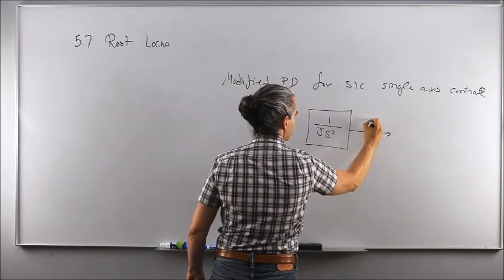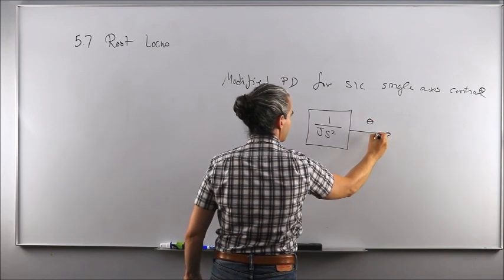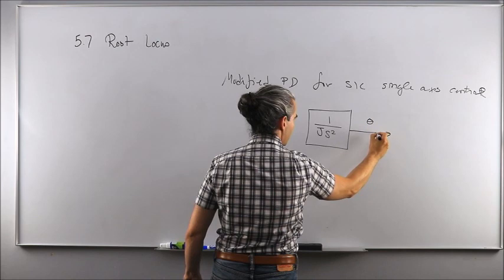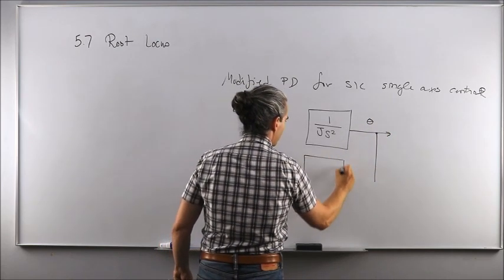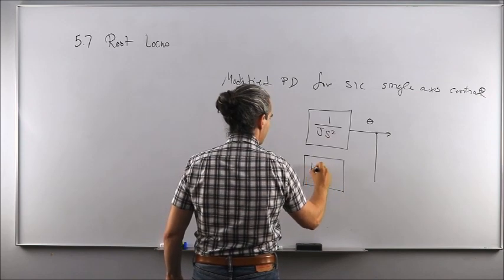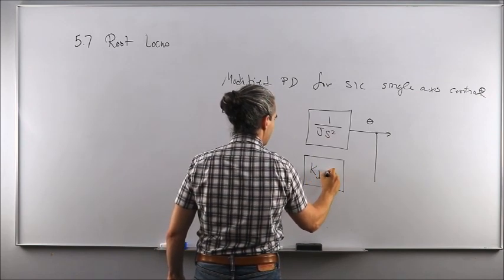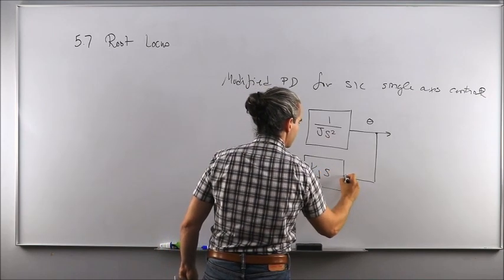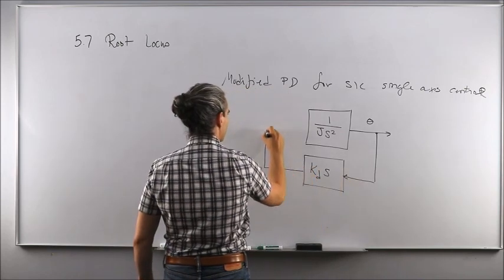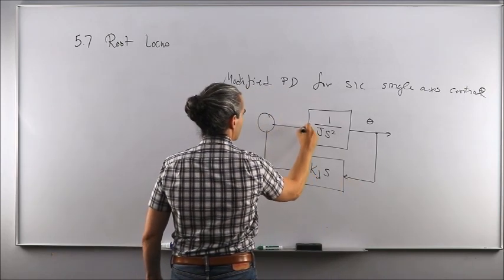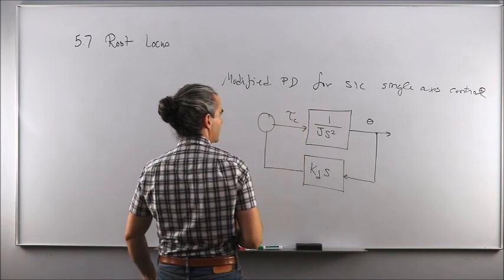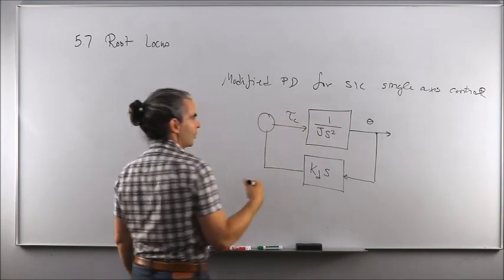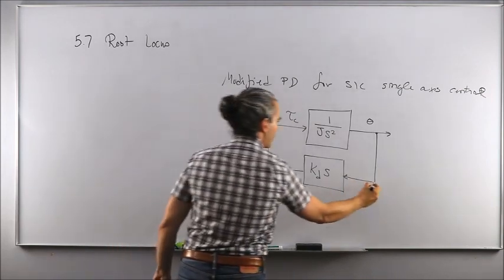And this calculates the actual angle of the plant, or actual angle of the spacecraft, which is spinning about a single axis. Here we have the derivative component of the controller, Kd times s, like this. That would be the net torque applied to the spacecraft, control torque as opposed to perturbation torque.